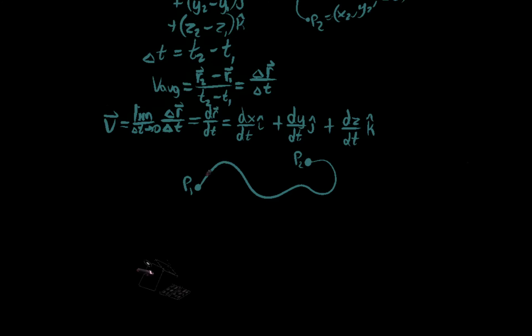So the velocity vector at this point is tangent to the path. At this point, it's tangent to the path, and so on.